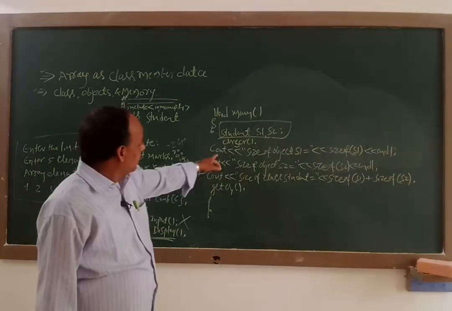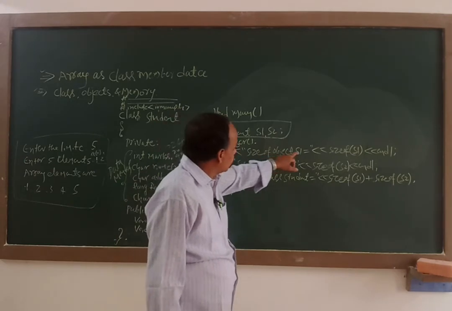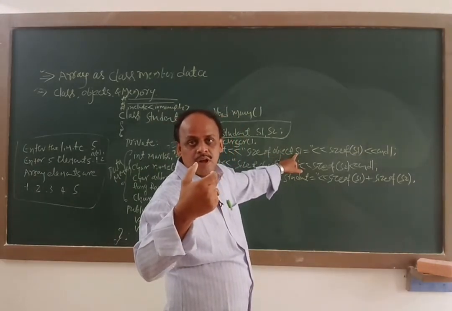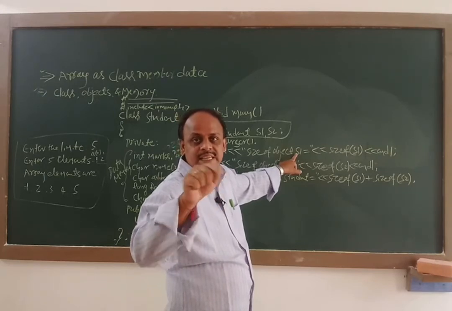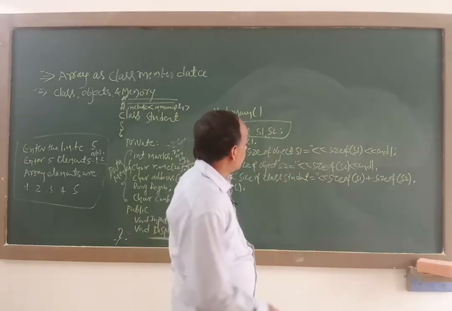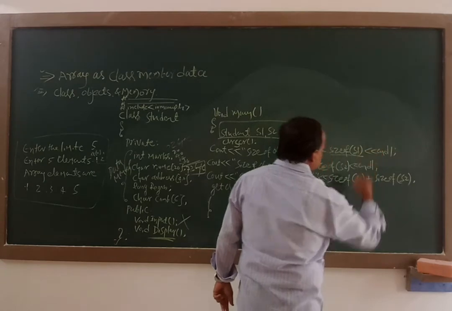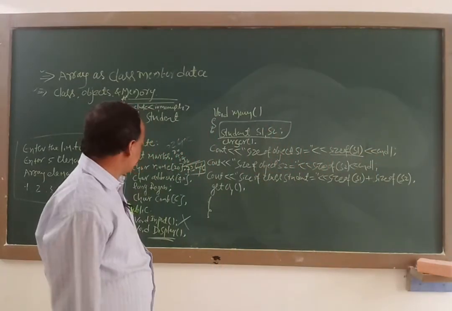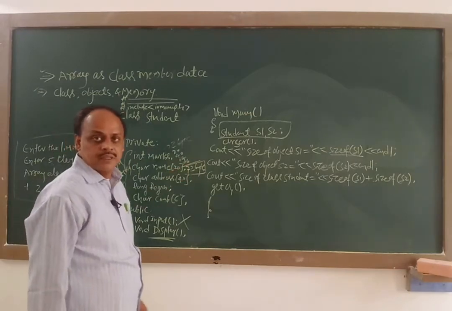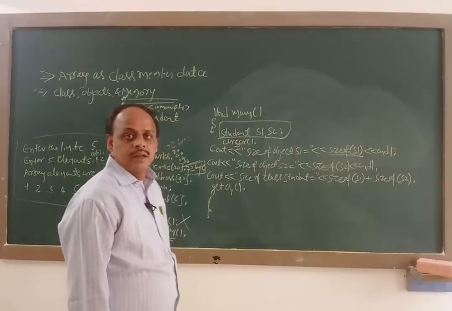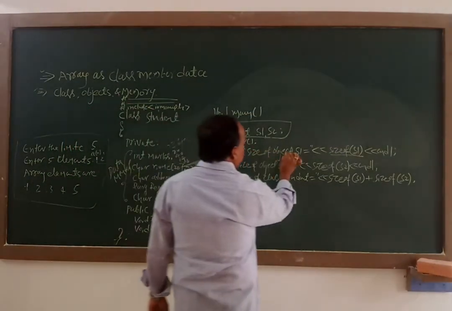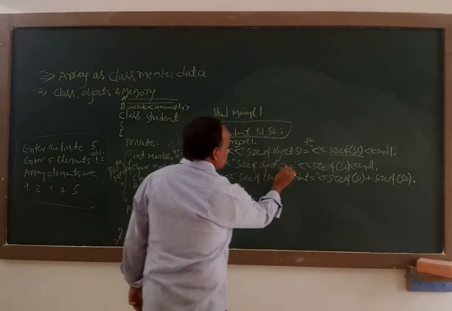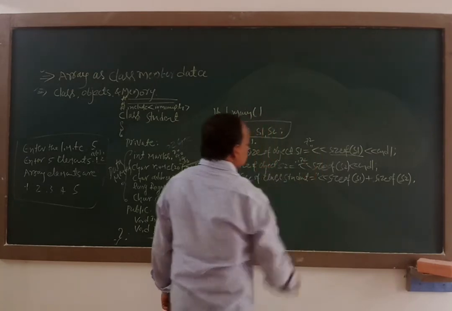Therefore I have written here size of object S1 is equal to, how to find the size of an object? Using the sizeof function. So I wrote size of S1, where S1 is the object. How much memory is allocated for each object? 72 bytes. Therefore we get the result size of object S1 is equal to 72 bytes, and size of object S2 is equal to 72 bytes.